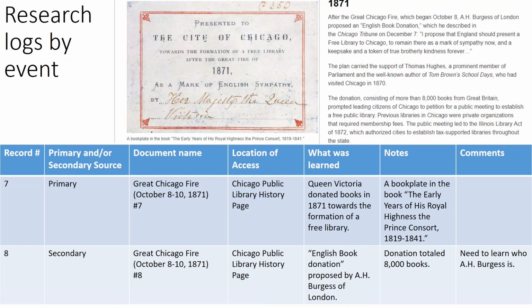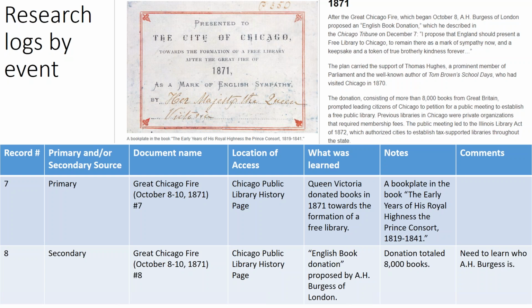When we're looking at that red box item, what does it tell us about the Great Chicago Fire? Well, it tells us that Queen Victoria donated books in 1871 towards the formation of a free library in response to the Great Chicago Fire.